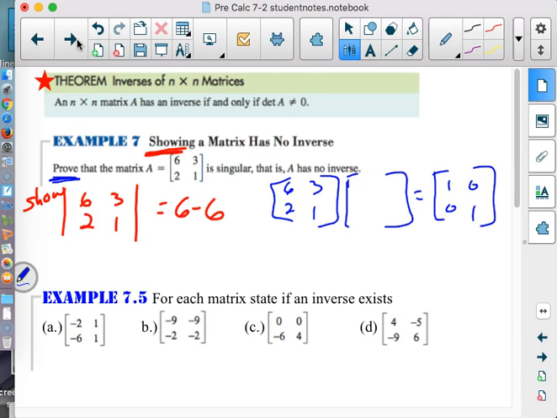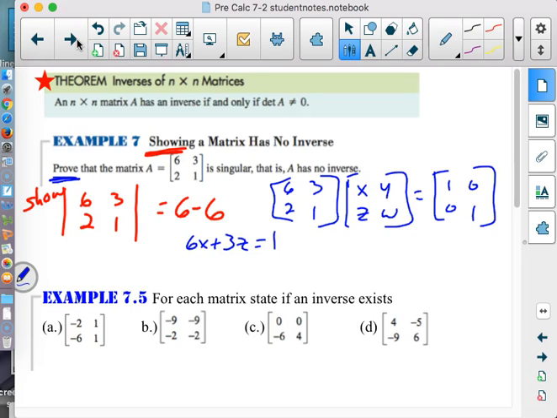The problem is, I don't know what all those entries in that second matrix should be. Well, for the time being, since we don't know what they are, let's just use x, y, z, w. And let's set up a system of equations here and see what happens. So if we were to multiply this out, this would say 6x plus 3z has to equal 1. So we have our first equation just using matrix multiplication.